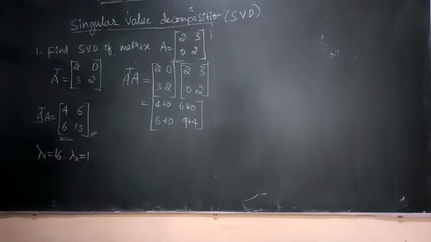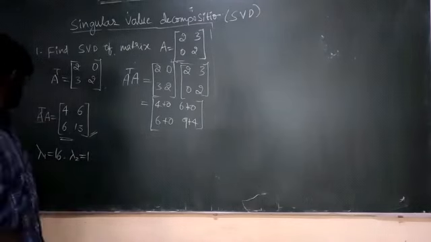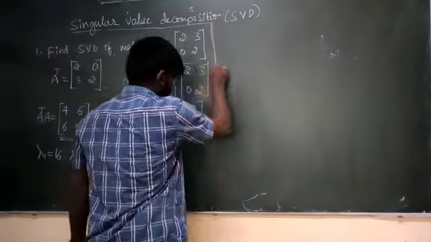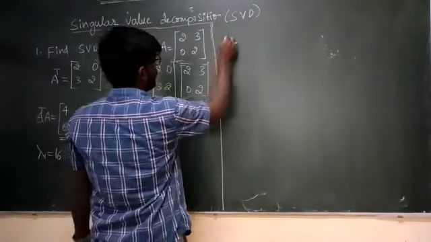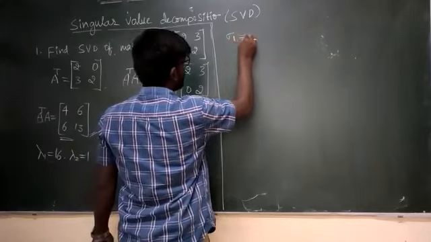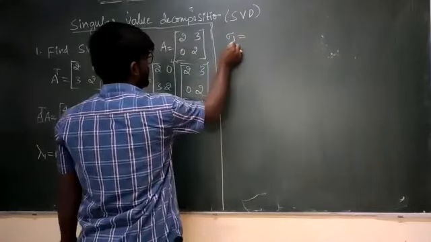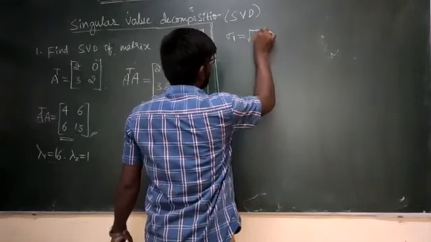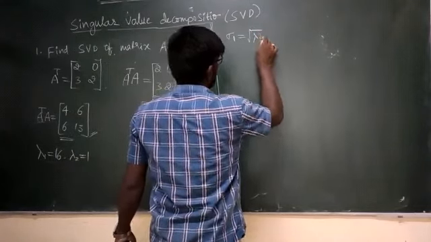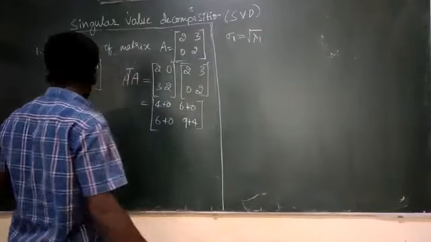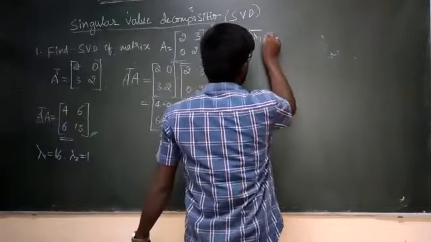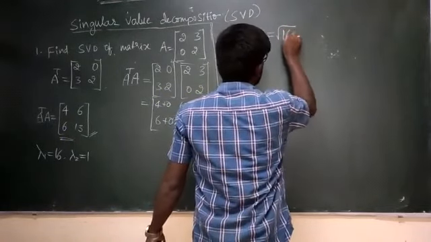Therefore, in the next step, find the singular values. What are the singular values? We have the formula: sigma 1 is equal to root of lambda 1, where lambda 1 is the eigenvalue, 16.